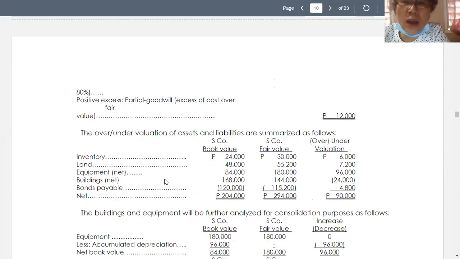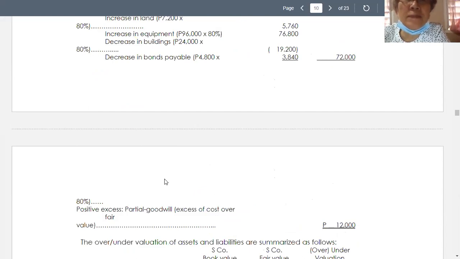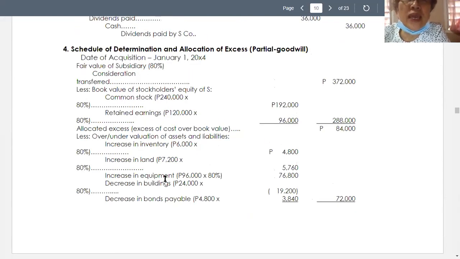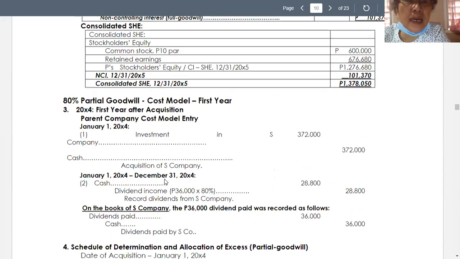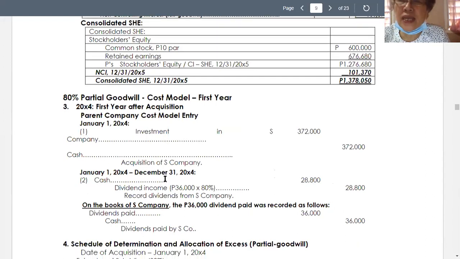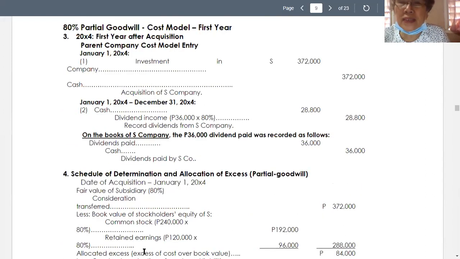That's part of our requirement number 5. So for the entries, we now have this in the previous requirement.